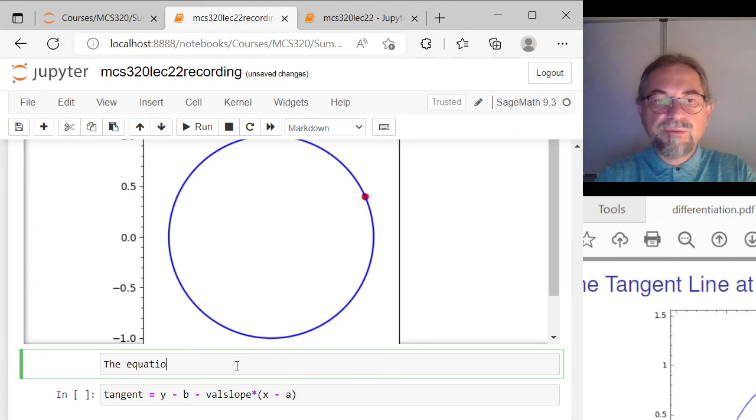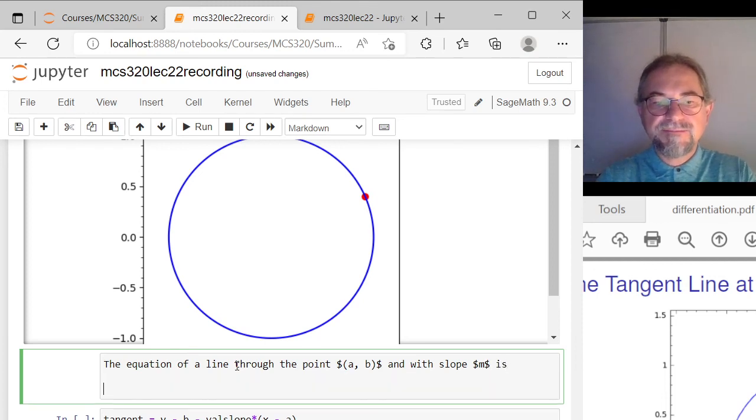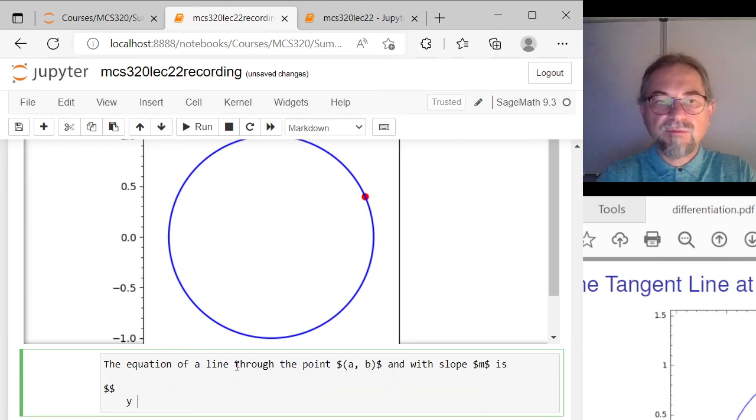So the equation of a line through the point (a, b) and with slope m is y minus b equals m times x minus a.